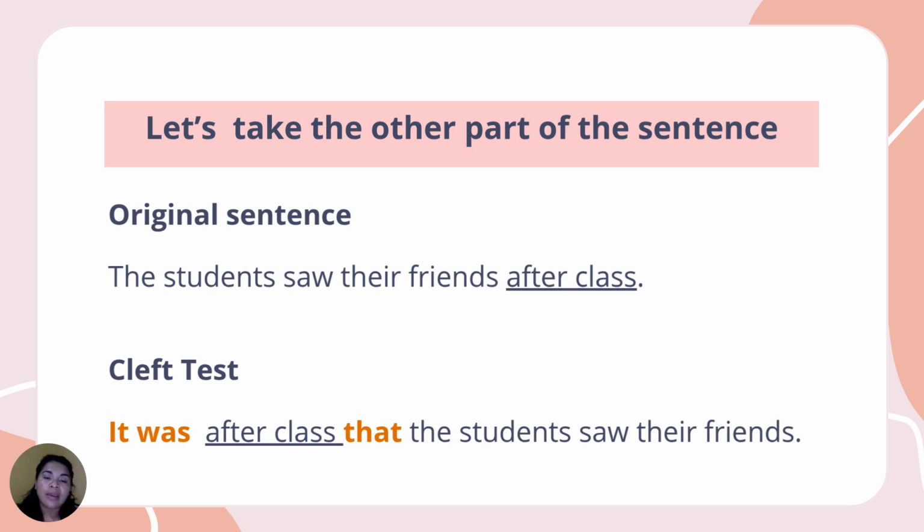So we can say "after class" is a constituent in that sentence. Why are we repeating this? Because after this you are going to see how to draw trees, and to draw trees you need to know when a phrase is a constituent, because that gives you the hierarchy in the tree. That is the importance of taking this into account.